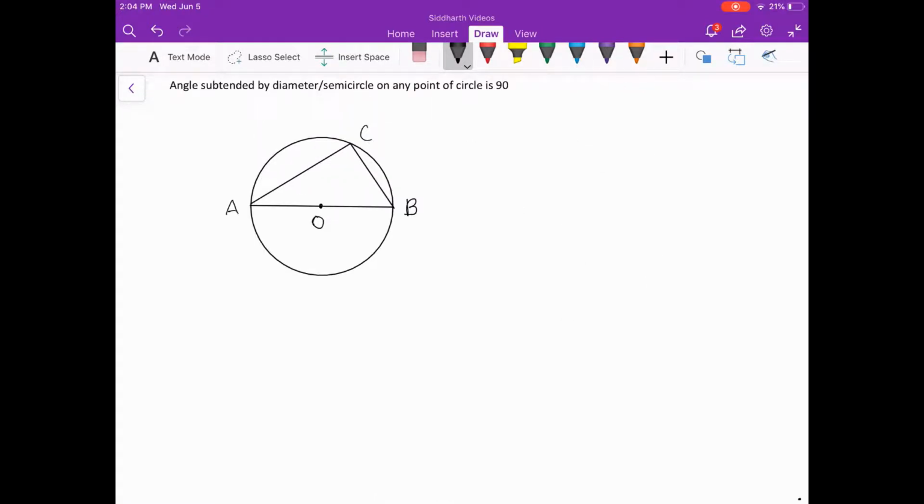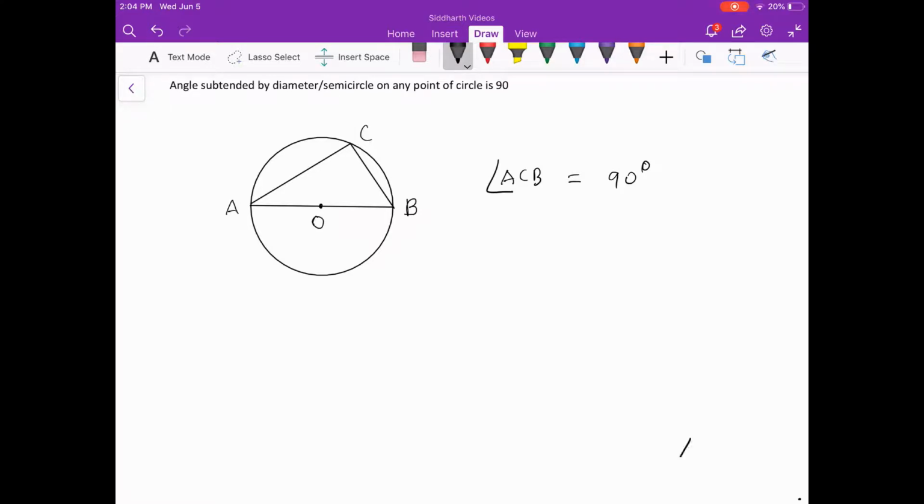An extension of this theorem is that the angle subtended by the diameter or semicircle on any point of a circle is 90 degrees. In this diagram, we have to prove that angle ACB equals 90 degrees. We know that AOB is a diameter and that it's a straight line.